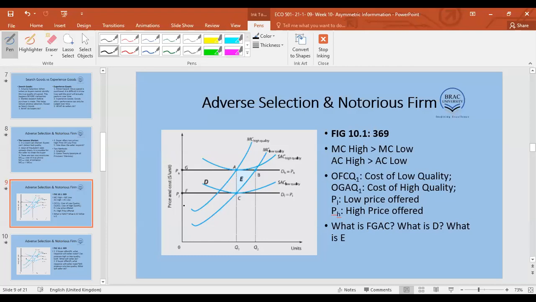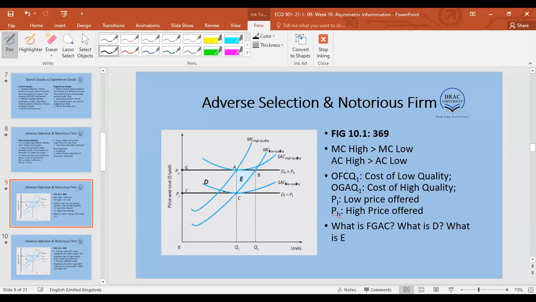Number one, I offered this entire money for the good quality product. His cost is this small rectangle. So this rectangle F G A C, the D area, isn't this a profit that he's going to make? Yes, sir.